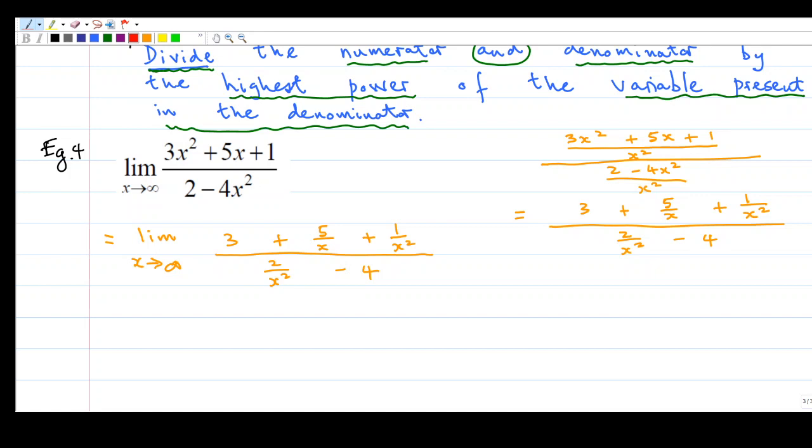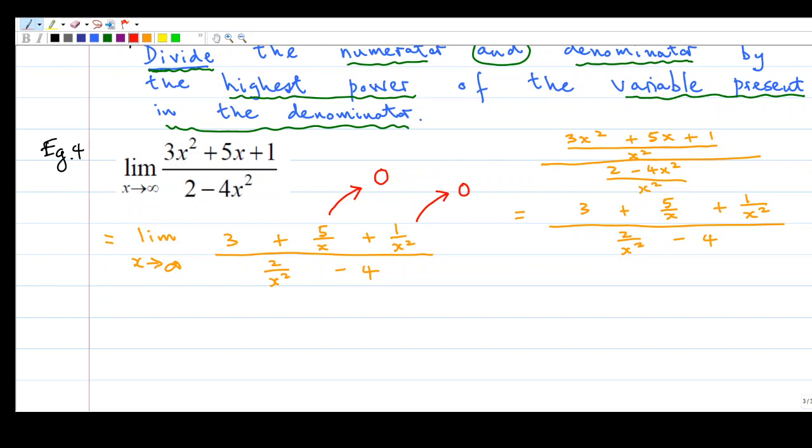Right? So the 3 is independent of x, so that will remain as 3. But the limit of 5 over x as x approaches infinity, that's going to approach 0. Right? Plus the limit of 1 over x squared as x approaches positive infinity, this will also approach 0.